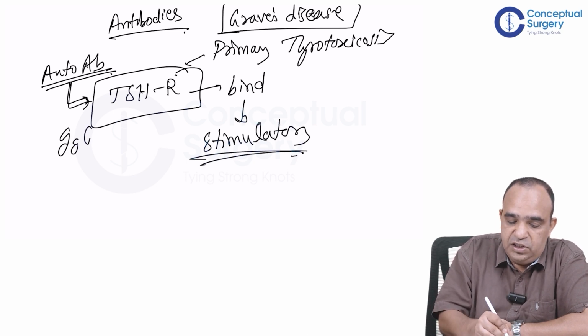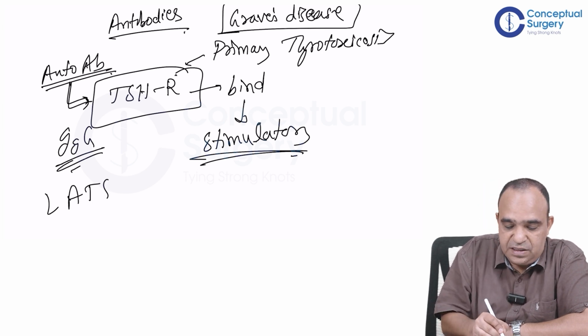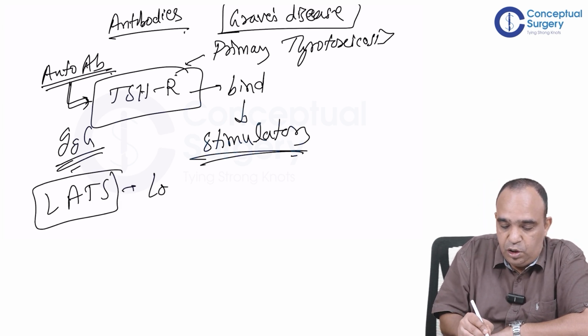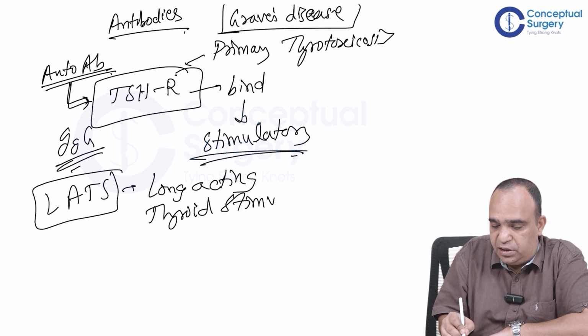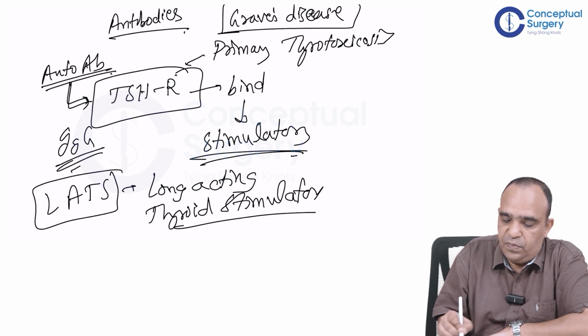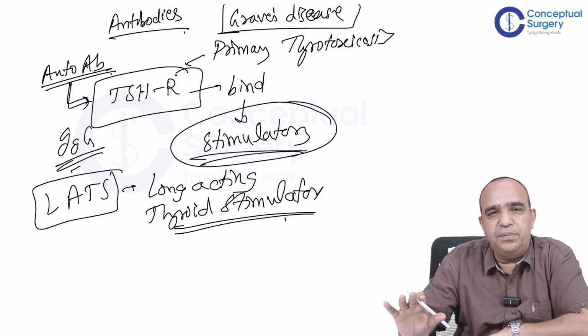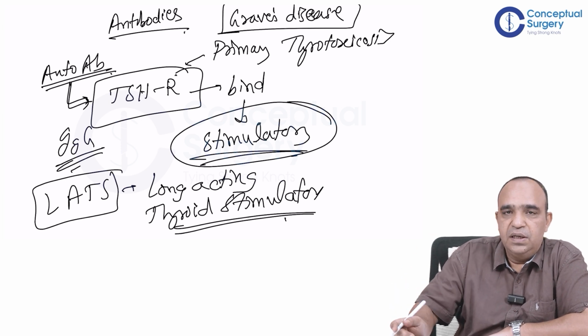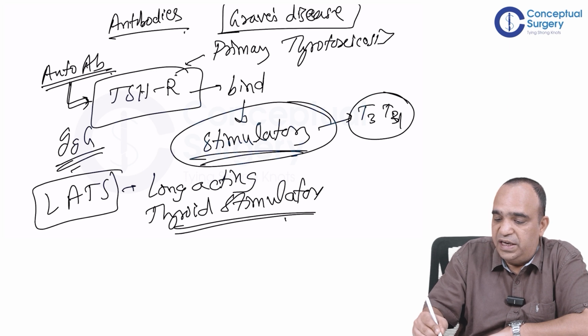They bind to the TSH receptors and they have a stimulatory effect. These are IgG autoantibodies. They are also called LATS. Remember this term: long acting thyroid stimulator. So they have stimulatory effect. They bind to the TSH receptors. They stimulate the production of T3 and T4.